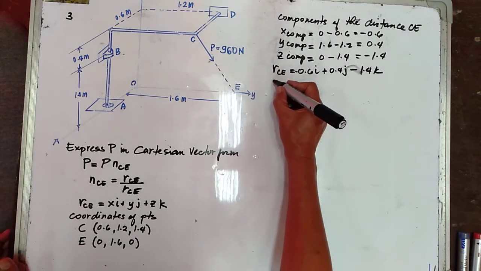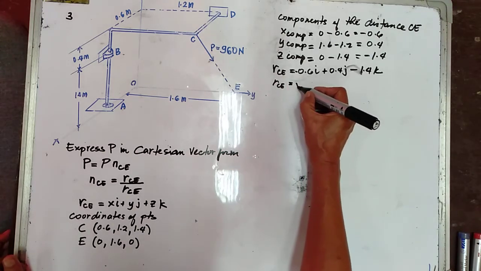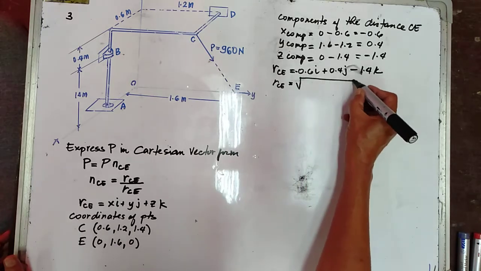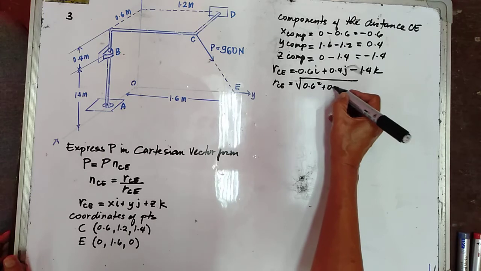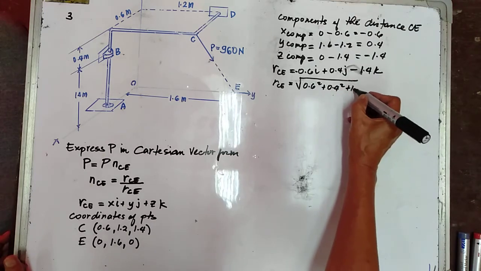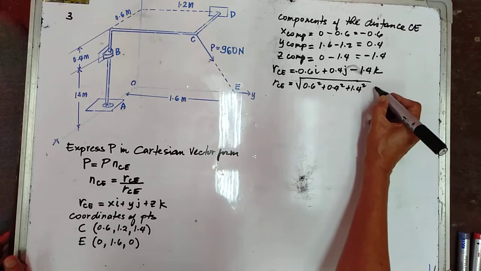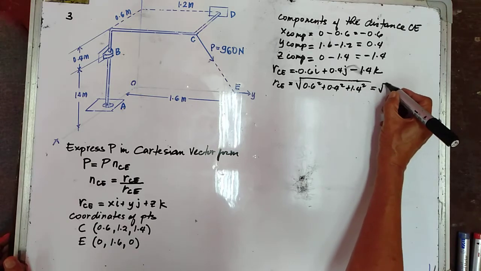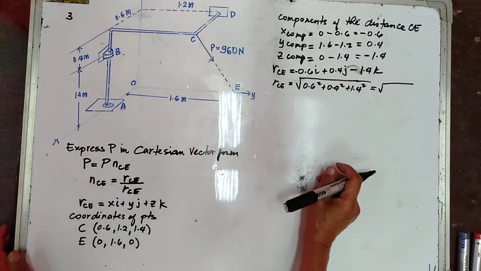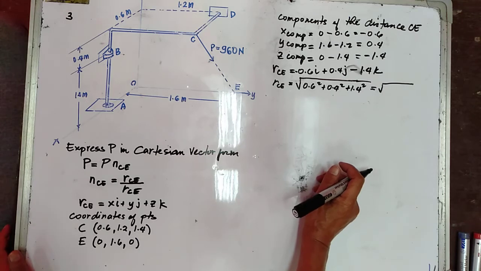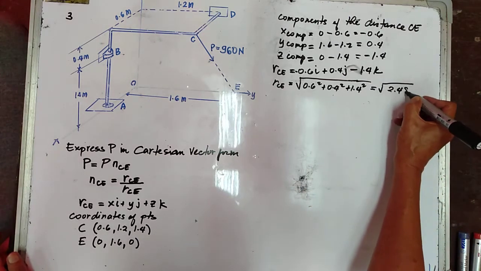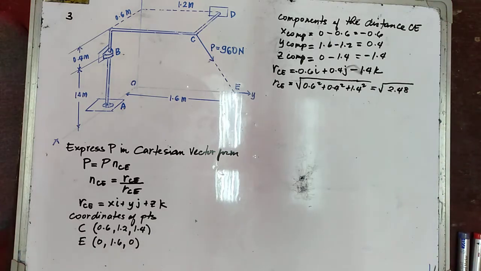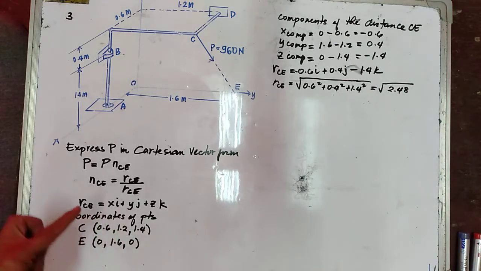Now, the magnitude of this vector distance is equal to the square root of 0.6 squared plus 0.4 squared plus 1.4 squared. And this is equal to the square root of 2.48.